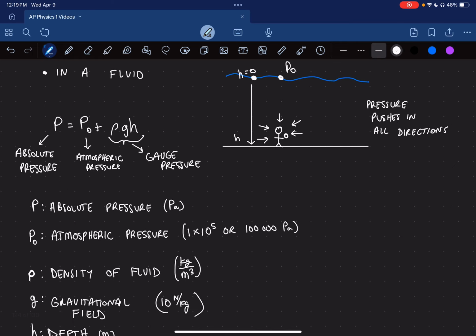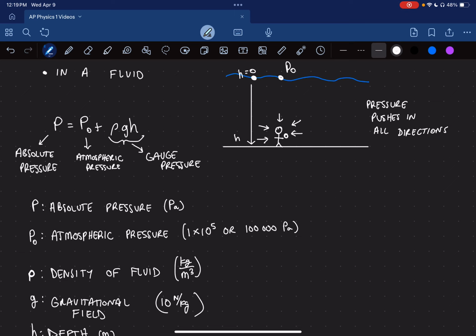That's in Pascal. P naught is the atmospheric pressure, which in physics we use the number 1 times 10 to the 5, or 100,000 Pascal. It's really 101,300, but not really, because as you know, it changes day to day. The air pressure does vary, but this is what's accepted, and this is what we use.